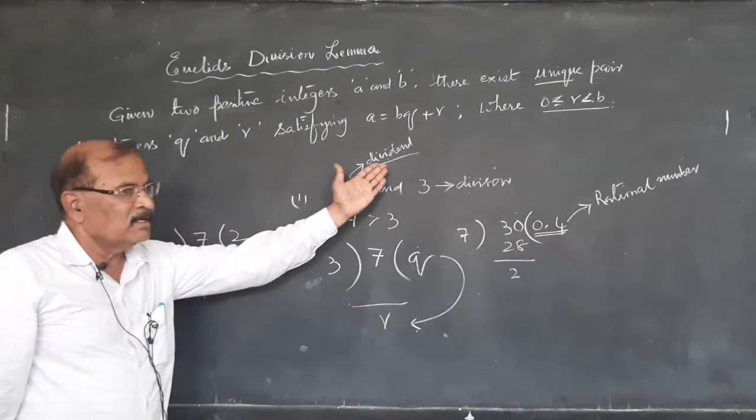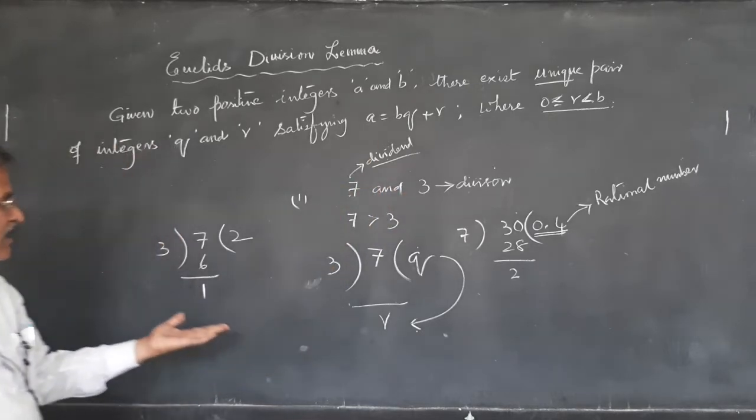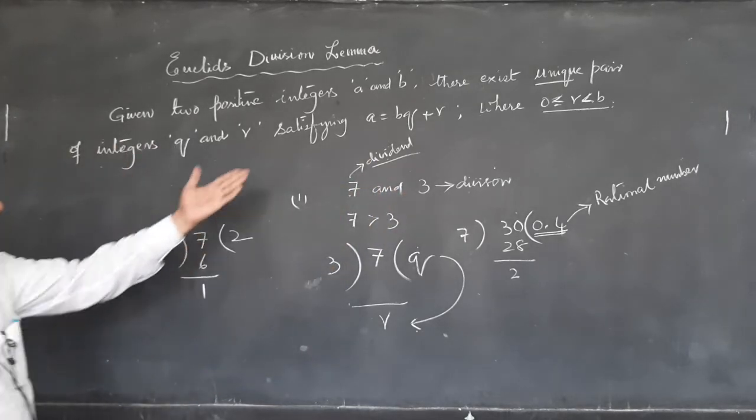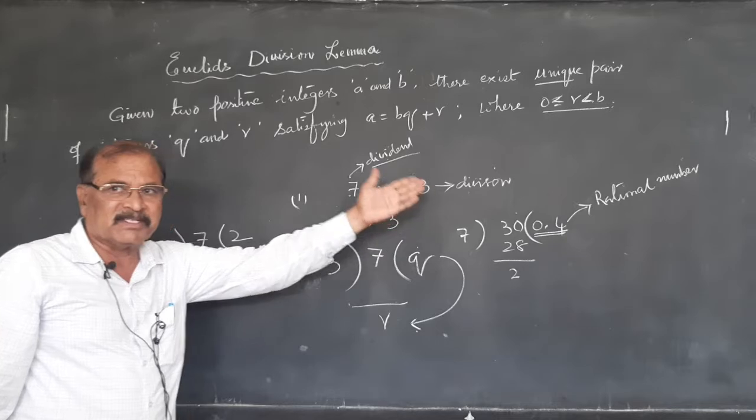When you take A and B, the greater number will become the dividend and the smaller one is the divisor.